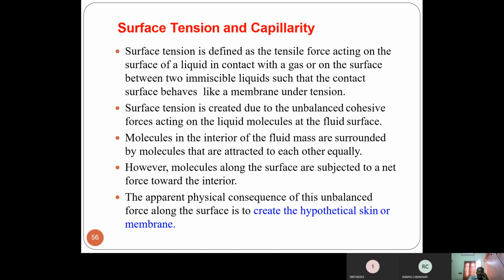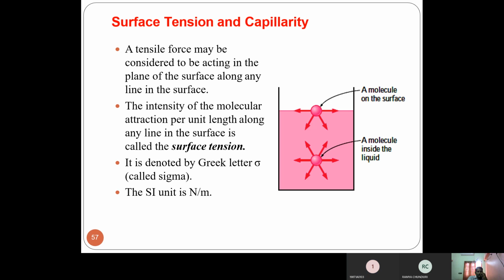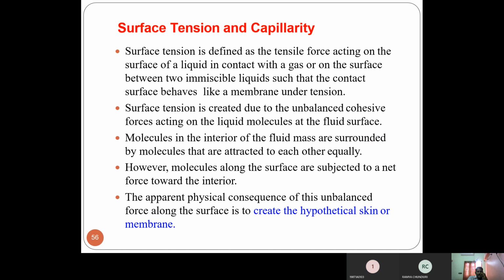Surface tension is defined as the tensile force acting on the surface of a liquid in contact with a gas, or on the surface between two immiscible liquids, such that the contact surface behaves like a membrane under tension.